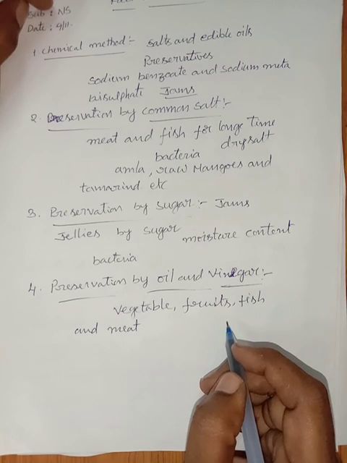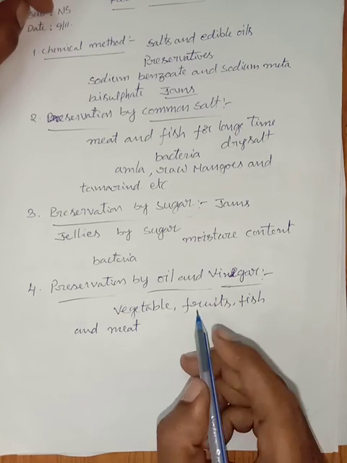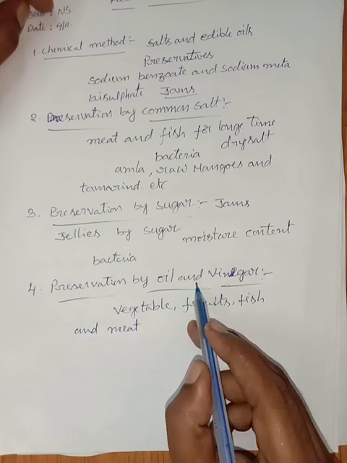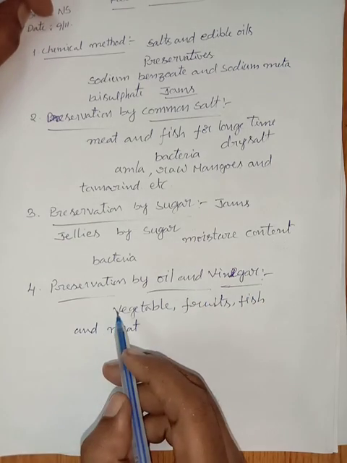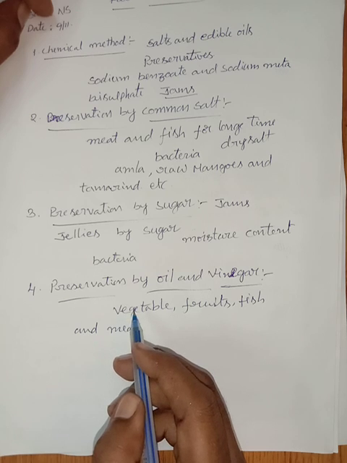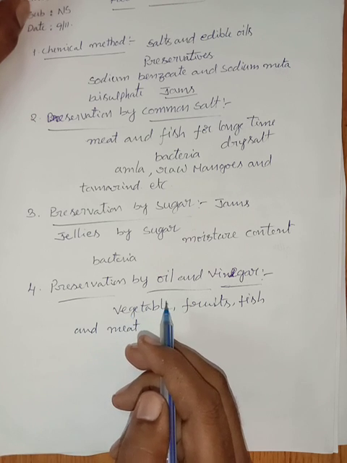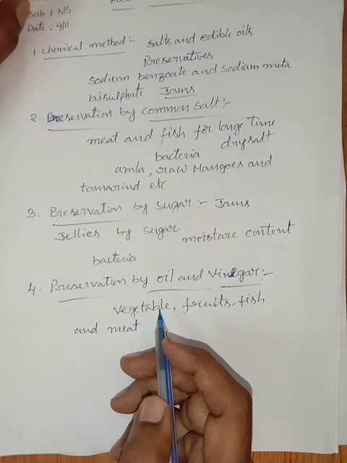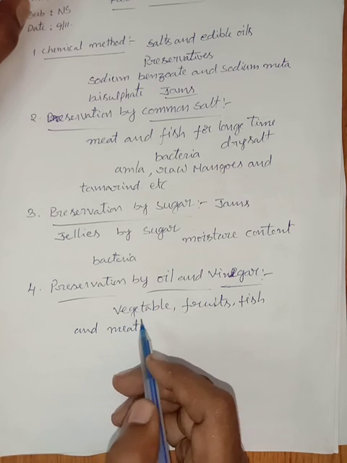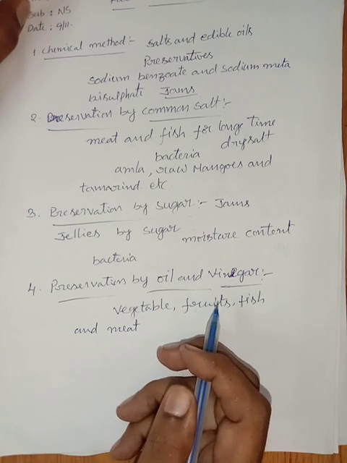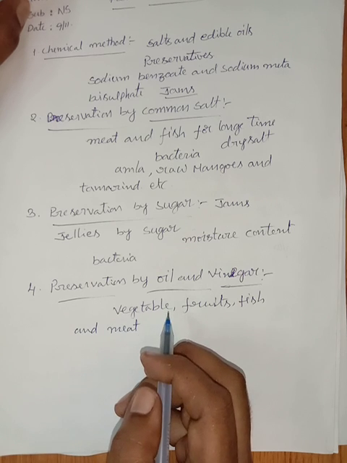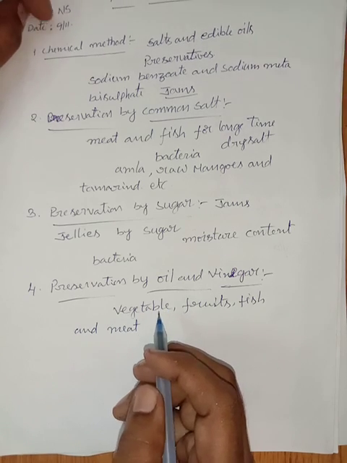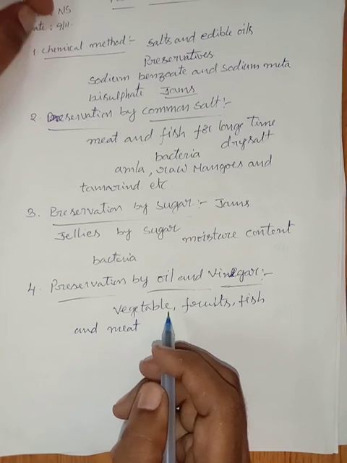Okay, children, once again, use of oil and vinegar prevents the spoilage of pickles because bacteria cannot live in such an environment. So, vegetables, fruits, fish and meat are often preserved by adding oil and vinegar.